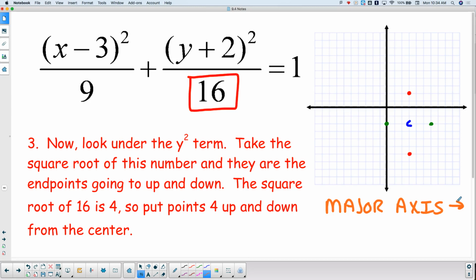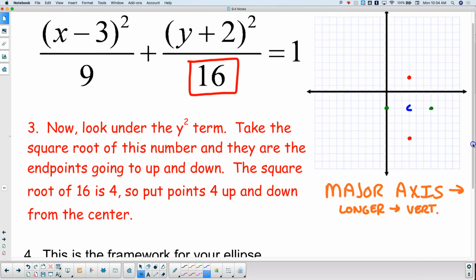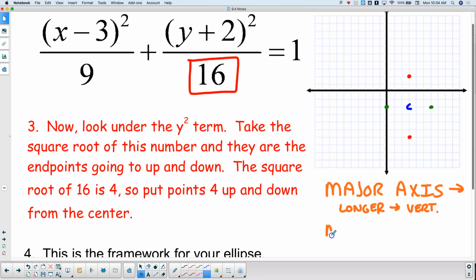The vertical one. So the major axis is the longer one, which in this case is the vertical one. Which means then that the minor axis is the shorter of the 2.